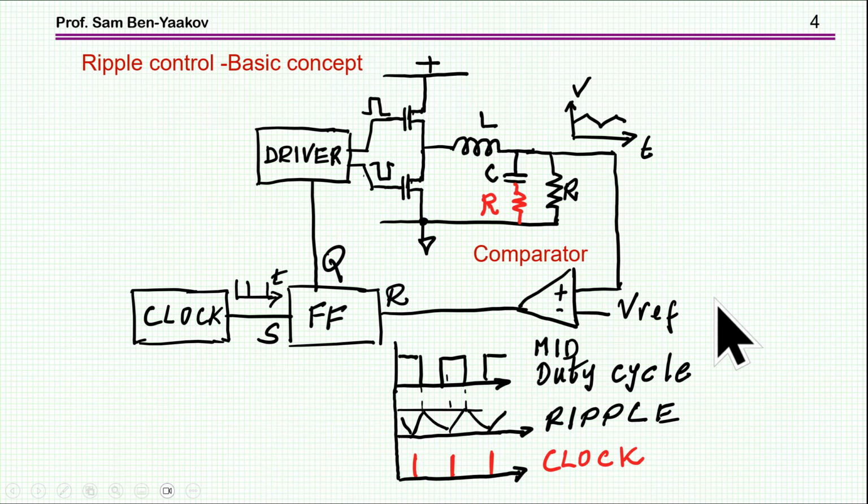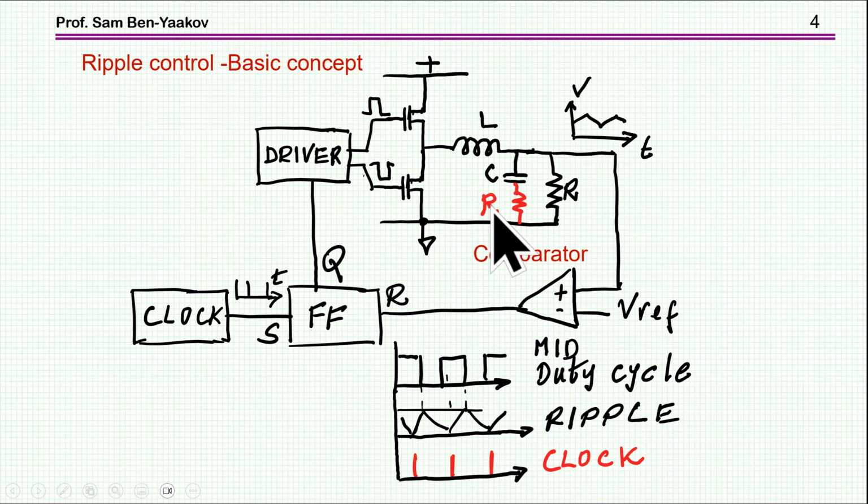So here is a generic representation of the idea. We have here a buck converter, two transistors, a synchronous buck, this is the driver. We have an inductor, capacitor, and the load. Here I'm showing the ESR of the capacitor. In this case, in the basic variation of this type of control, the resistance here is very important.